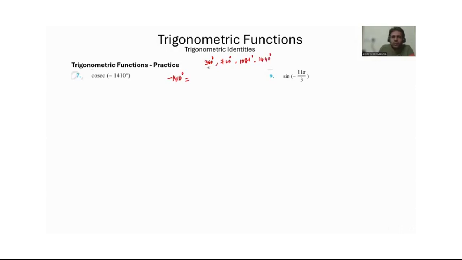So this is one revolution, this is two revolutions, this is three revolutions, and this is four revolutions. Now, this angle is minus 1410, which I can write as minus 1410, which is 1080 plus how much more, guys? 1080 plus 330.